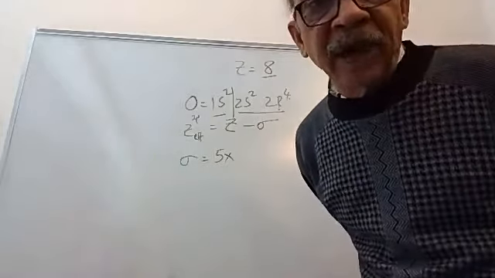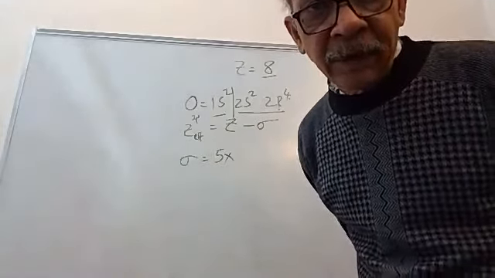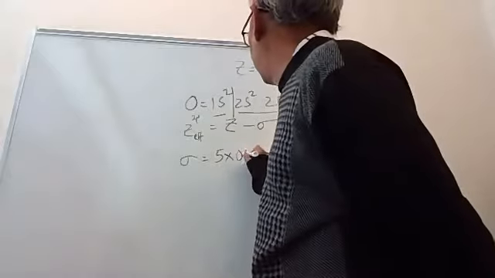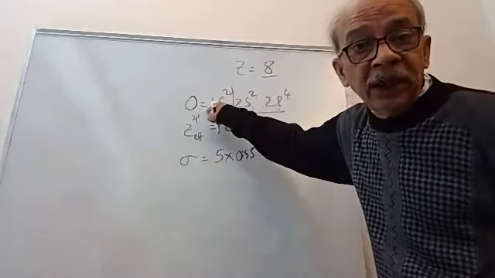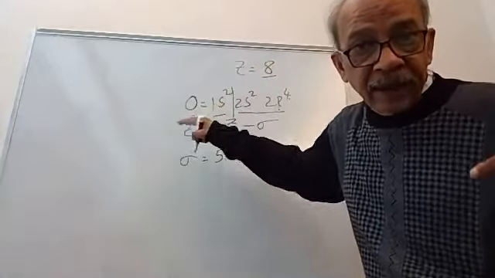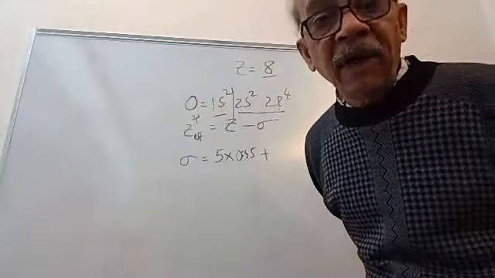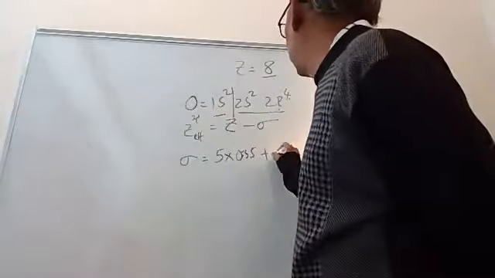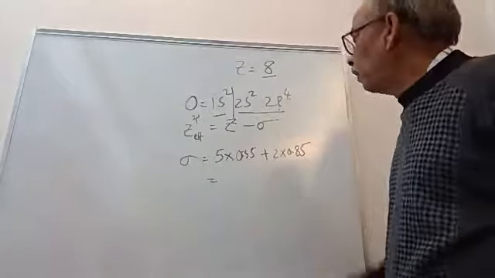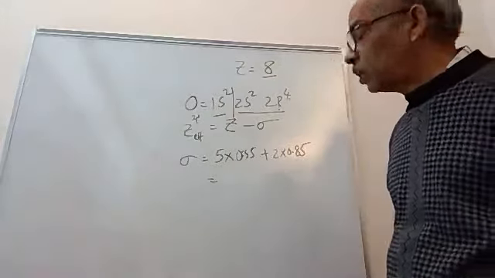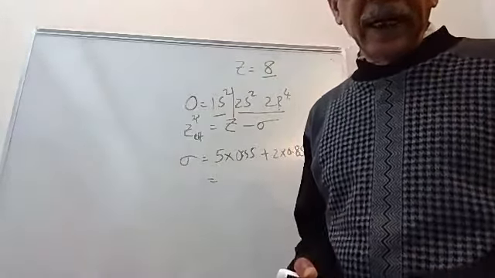It's 0.35, correct? Remember the rules? So we have 5 times 0.35, plus the electrons in the shell one below it, which contribute about 0.85. There are 2 electrons, so 2 times 0.85. So what is the value here? 5 times 0.35 plus 2 times 0.85. Can anyone quickly calculate and tell me?